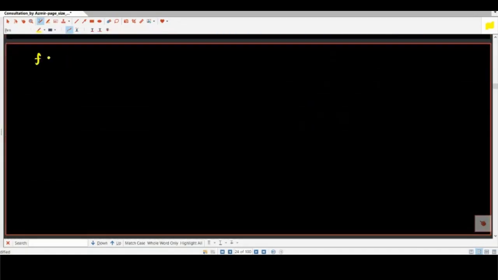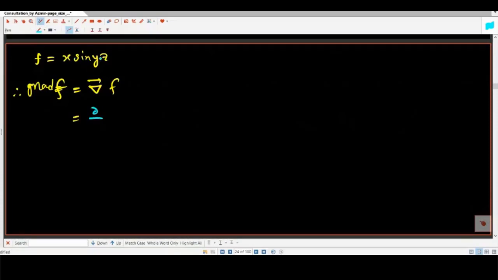The function is f equals x sine of yz. So grad f equals gradient of f. This is a scalar function. We are going to have a vector now.